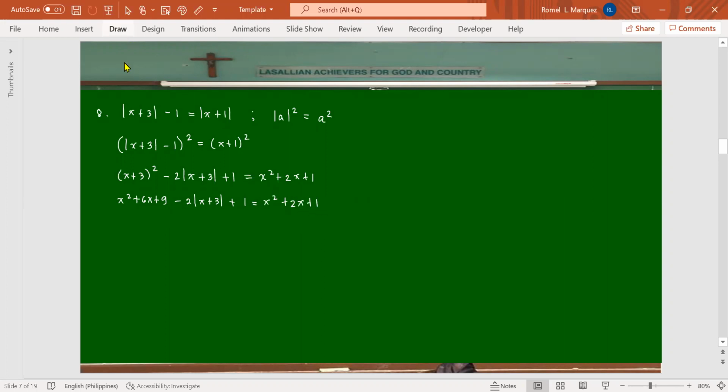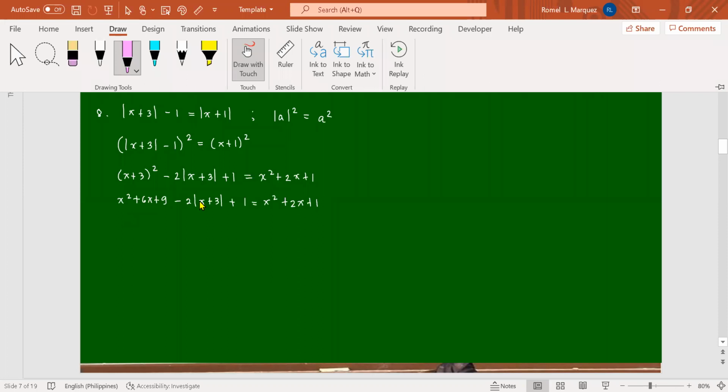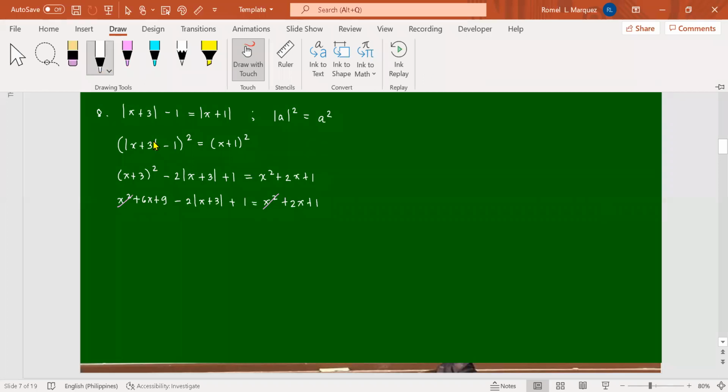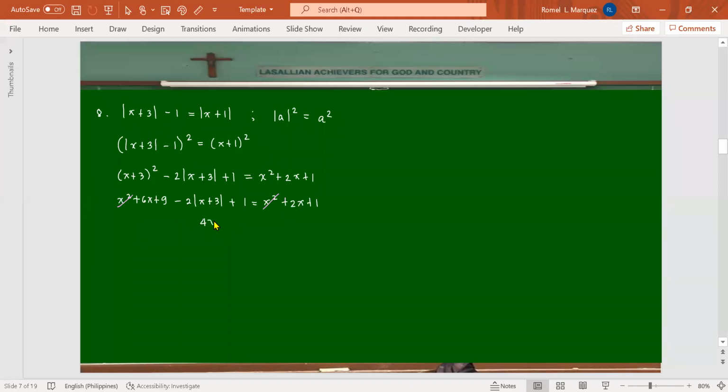So I can eliminate this and this, no? Then let's combine those without absolute value. 6x minus 2x, that is what? 4x, correct, guys? 9 plus 1, 10, minus 1.